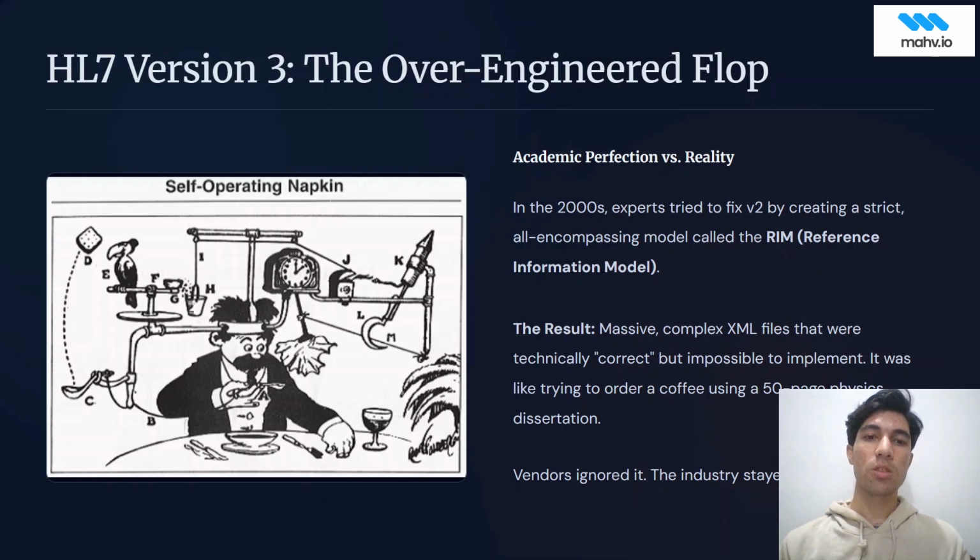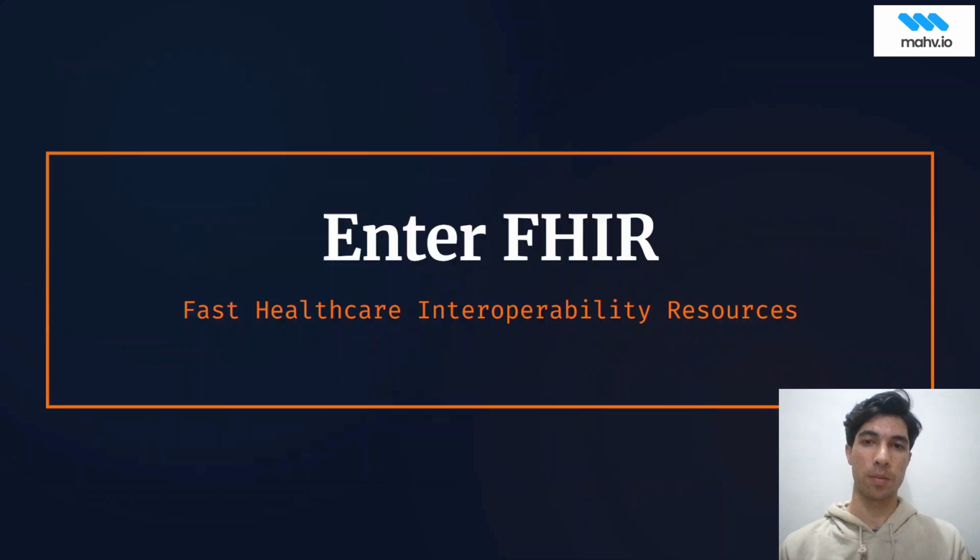So the result was that it was massive, and there were complex XML files that were technically correct, but also at the same time very hard and impossible to implement for normal organizations and hospitals. So it was like trying to order a coffee using a 50-page physics dissertation. So most organizations ignored it and they stayed on version 2, the flexible version.